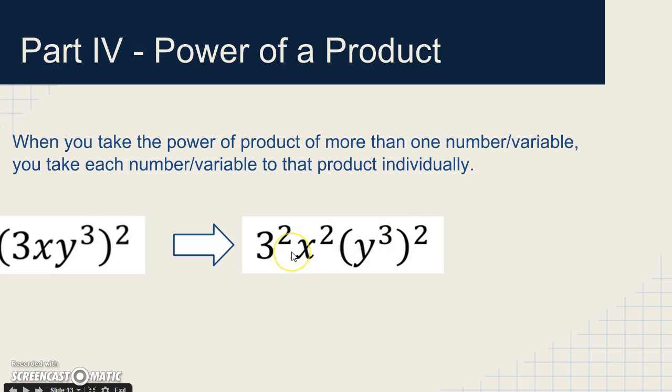Okay, so now we have to apply a couple different rules here, but we'll end up with 3 squared is 9, x squared stays as x squared, and like we just learned, y cubed squared, okay, that's us taking a power to another power, so we multiply these and we get y to the 6th because 3 times 2 is 6. Okay, again, pause, make sure you copy that down. There's the arrow. Pause, let you copy that down, and we'll move on.